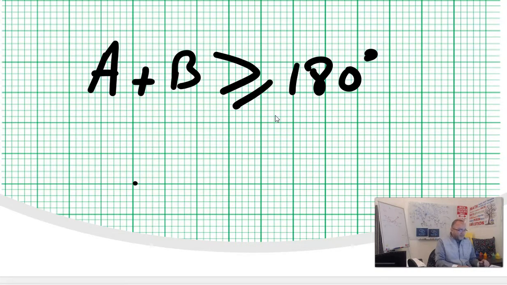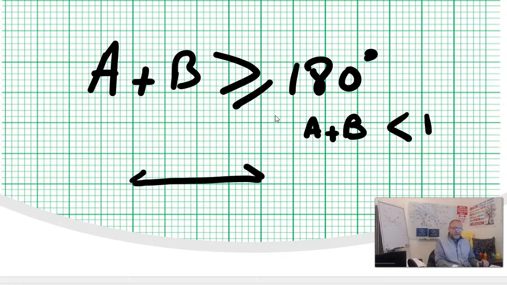So basically, if A is here, and B is here, A plus B must be less than 180 degrees. Okay? They must be less than 180 degrees. They should both form 178 degrees at least, meaning 89 plus 89.